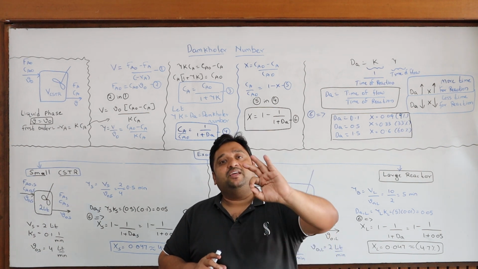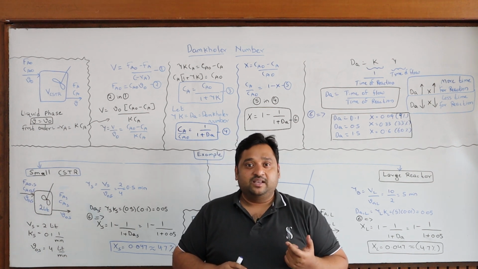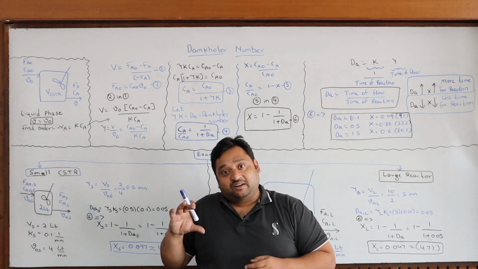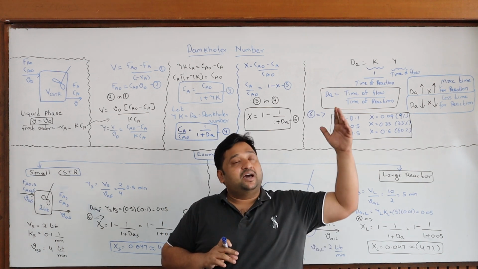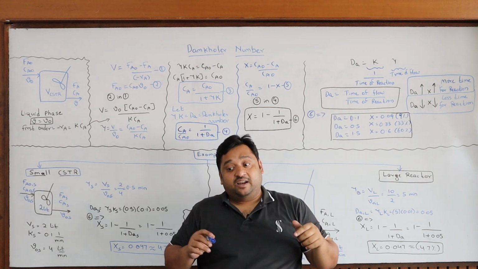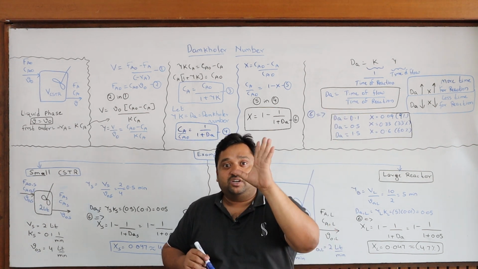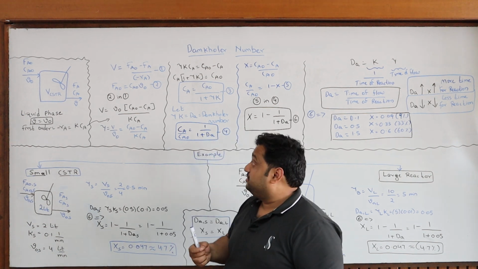That is a very simple application of the Damköhler number. For example, if the smaller reactor has a Damköhler number of 0.05 and the bigger reactor has a Damköhler number of 0.05, then in both reactors the conversion will be the same. Let us proceed with the derivation.